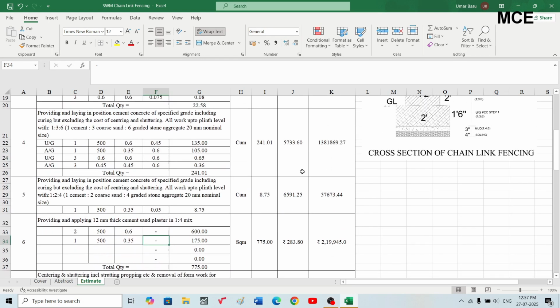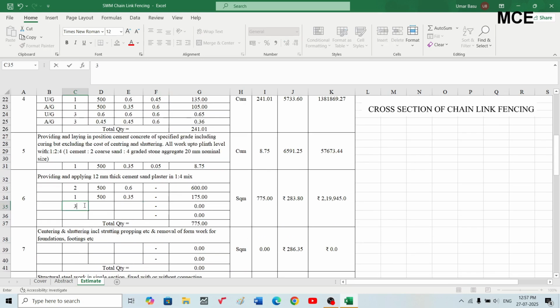After that we have three pedestals. Their above ground is 0.45, that is 0.45 is the length and breadth, and the height is 0.6. So you have to plaster the whole boundary. So 4 times 0.45 for one pedestal will be equal to 1.8 if you sum up all the sides, and height of this pedestal is 0.6.